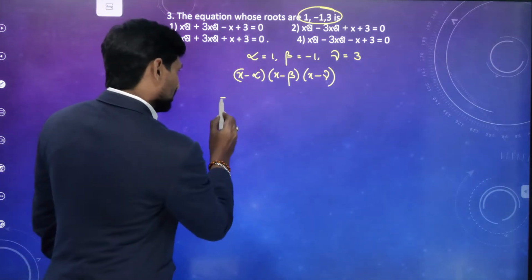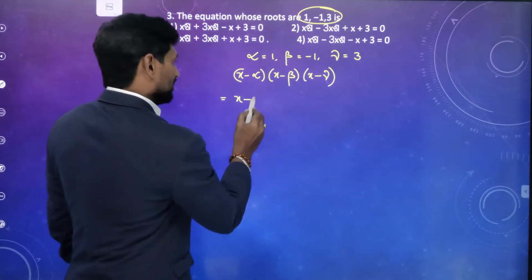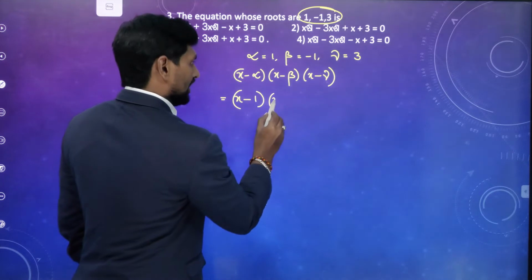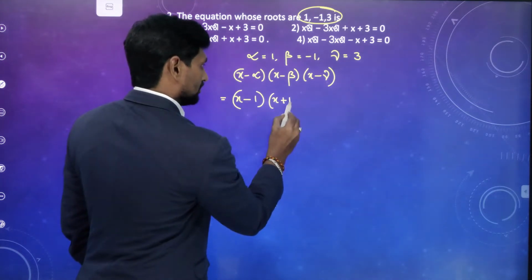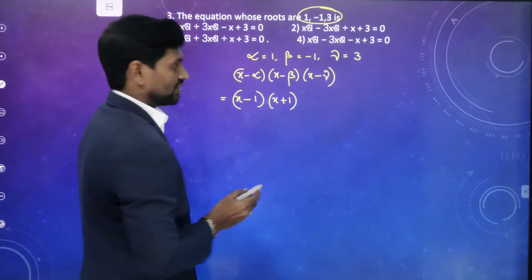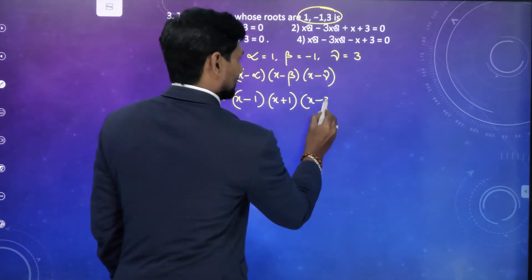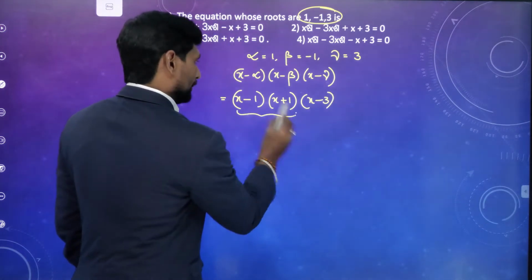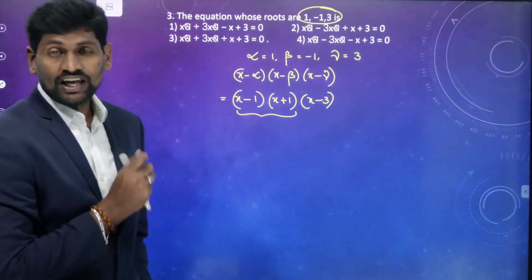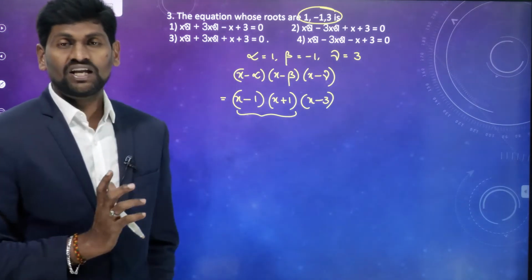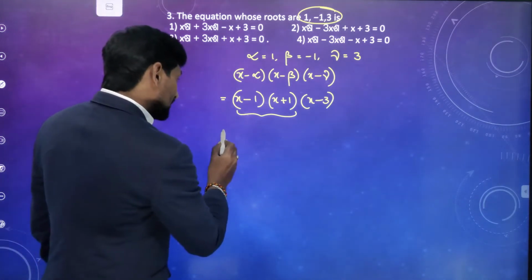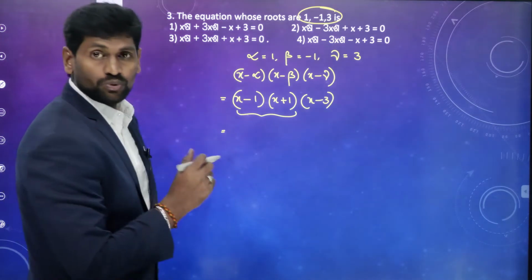Let us substitute. x minus alpha, value is 1. x minus beta, value is -1, so this will be x minus of minus 1, that is x plus 1, and x minus 3. I am going to multiply the first two. They are in the form of a minus b into a plus b, which is nothing but a square minus b square, right?